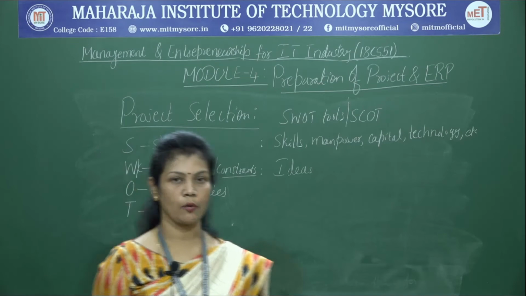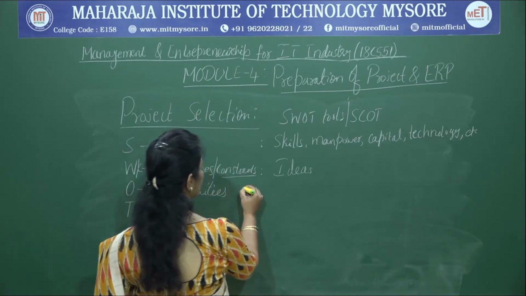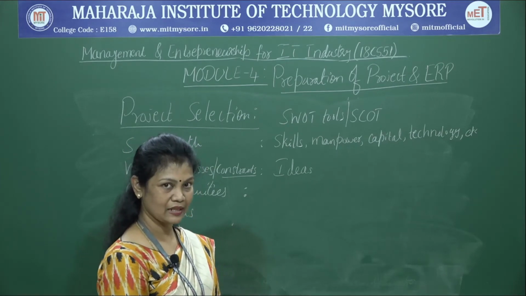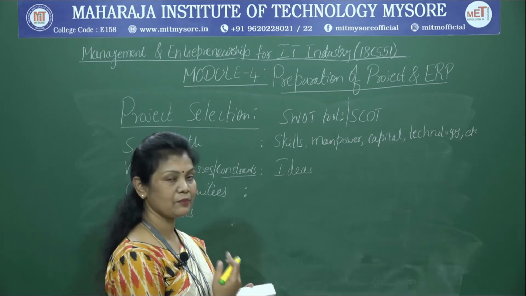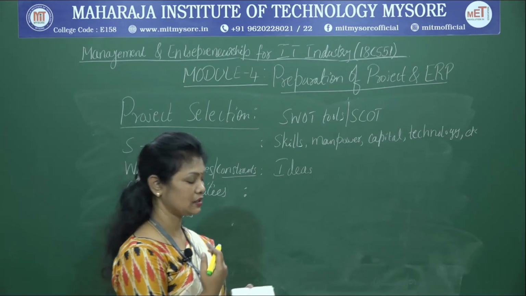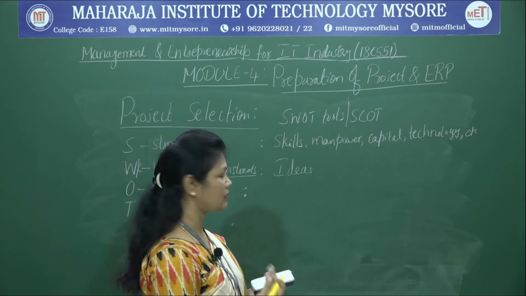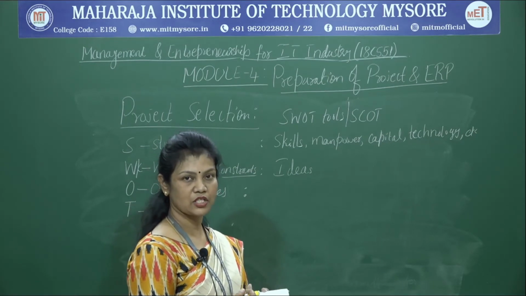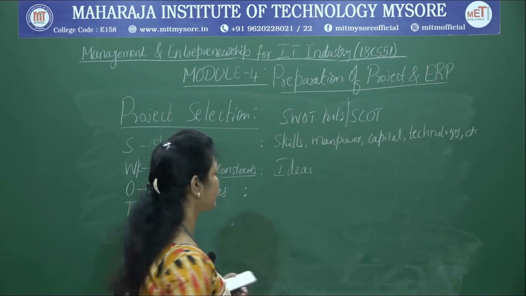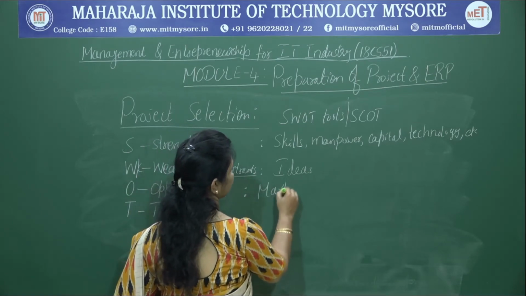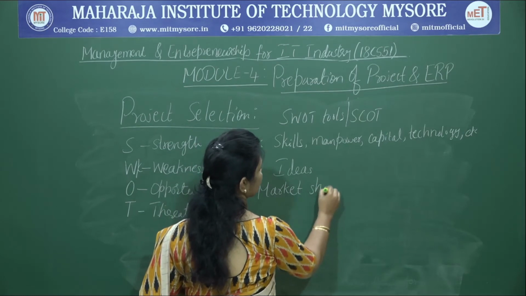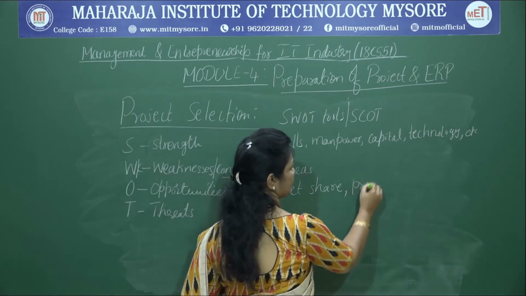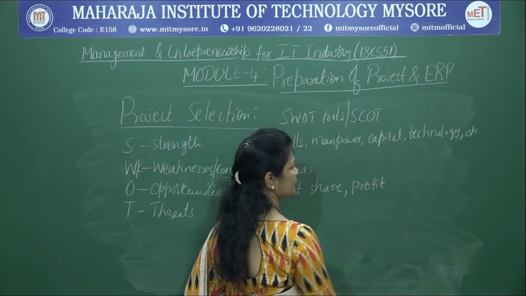Then what about the opportunities? When they are going to produce the product, what could be the market share of that particular company? It means that if company X is going to produce clothing, so manufacturing of clothes, in that situation how much they can sell in the market is going to be measured as the market share of company X. How much profit can they expect in their business?